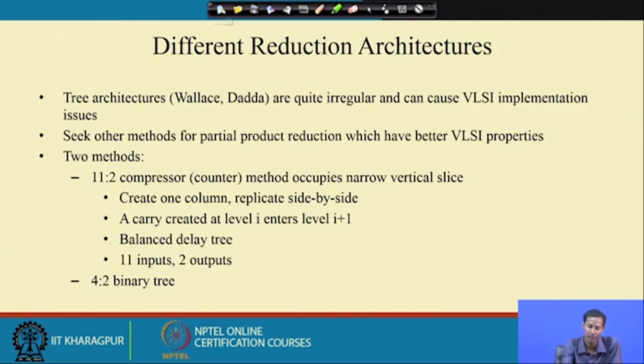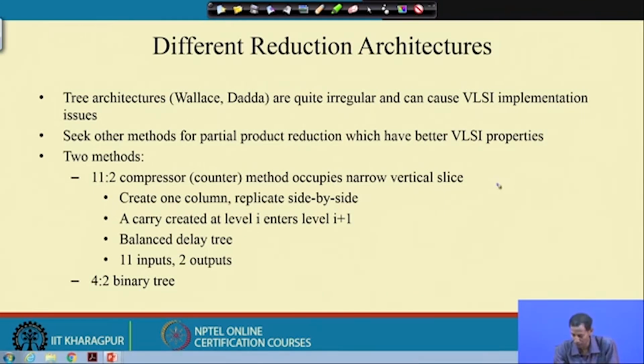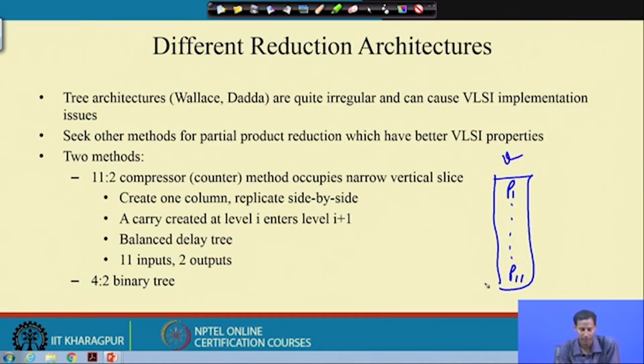So, suppose in one case I have partial products up to P11, and I need to add them for one particular position. At that time I can use the 11:2 compressor to add these terms.